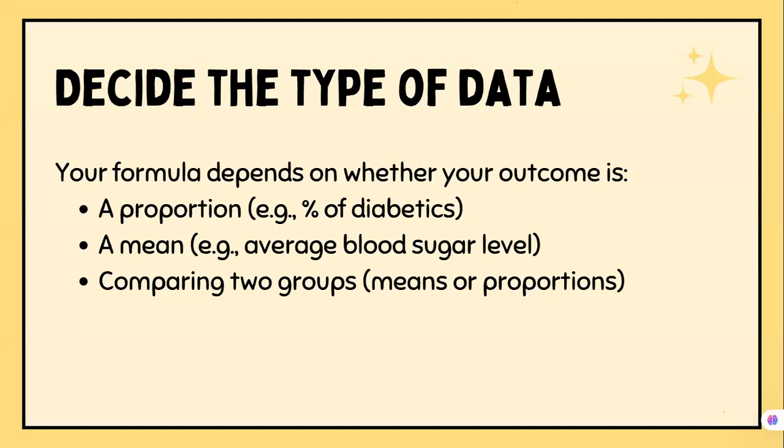And if the data type is continuous, where something is measured on scale, then we take the mean formula. There is a different formula for that. And if we are comparing two populations, if there is such a scenario, then a different type of formula is used. Now we are digging into the formulas, so let's learn them together.